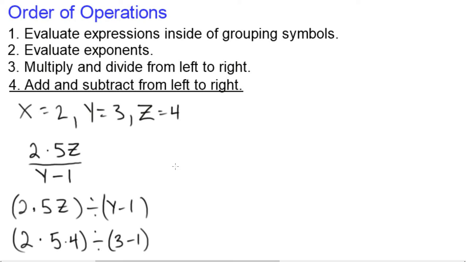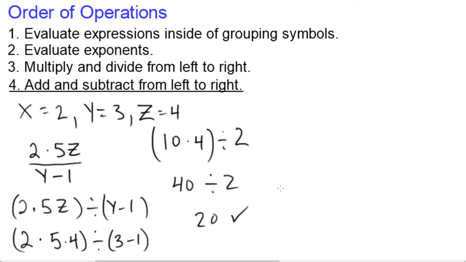It really doesn't matter when they're all multiplication, but in this case, we're supposed to start from left to right. So I'm going to go 2 times 5, which is 10, times 4, divided by 3 minus 1, which is 2. So 10 times 4, 40, divided by 2. 40 divided by 2, 20.